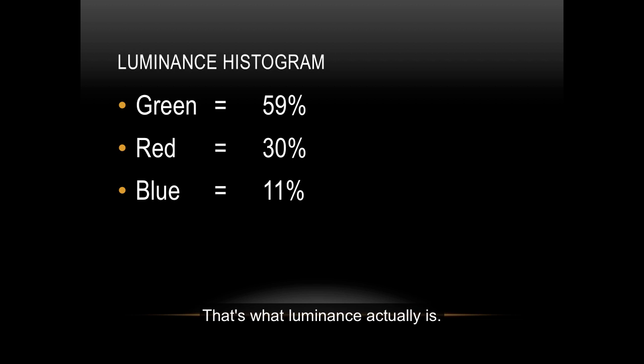And luminosity is the perceived brightness of that object by a human observer. So although we're using the words luminance and luminosity as one, they really are two separate things. Luminance is the amount of light emitted per unit area, and luminosity is the perceived brightness by a human.